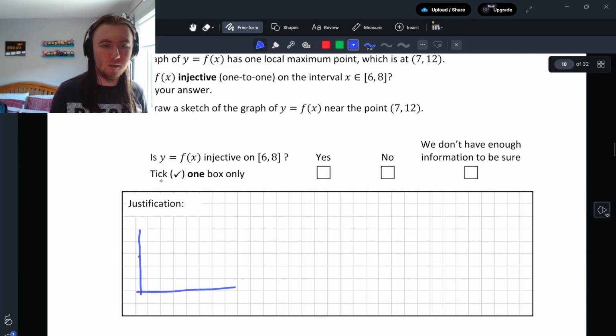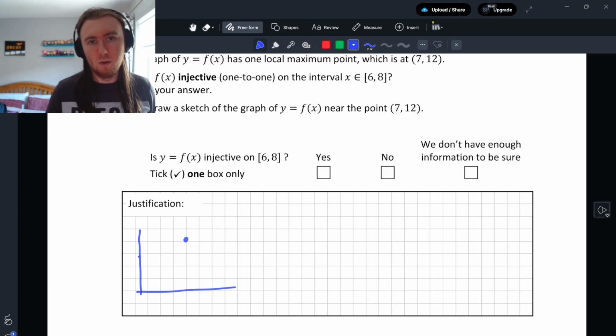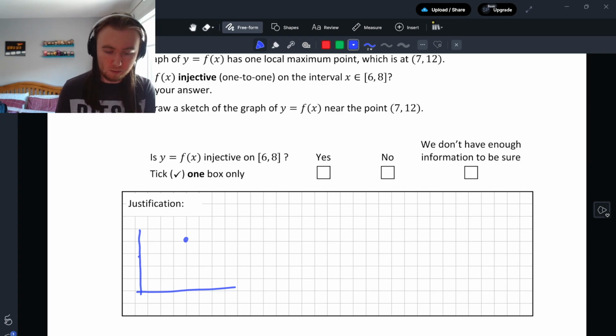So let's look at (7, 12) again. (7, 12) is up here, and that's a local maximum point. So if that's a local maximum, then the function either side is not going to get any higher. So you have a point here and maybe a point here. So the cubic is going to look something like this, right?